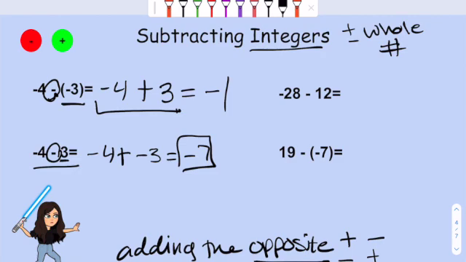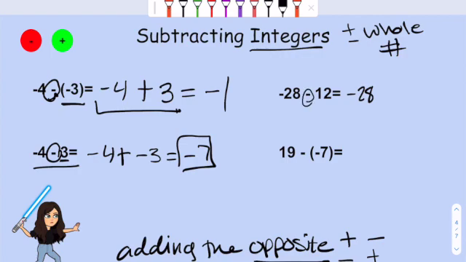Hopefully at this point, adding the opposite is starting to make a little bit more sense as you're reading through these questions. Let's look at some that have a little bit of some larger numbers. So -28 minus 12. We're going to start by keeping our first number, so -28. We're going to add the opposite.